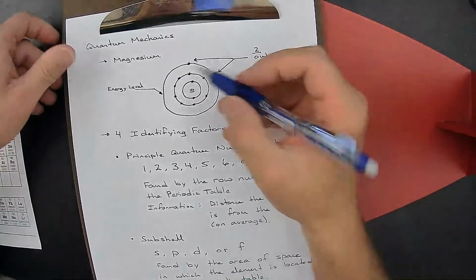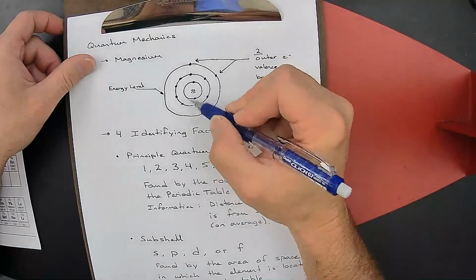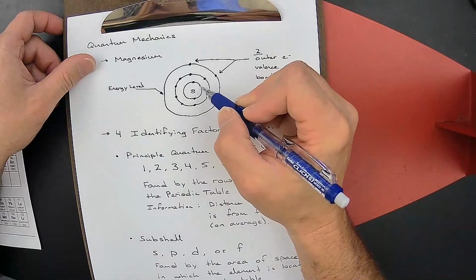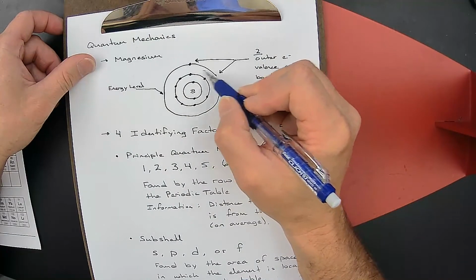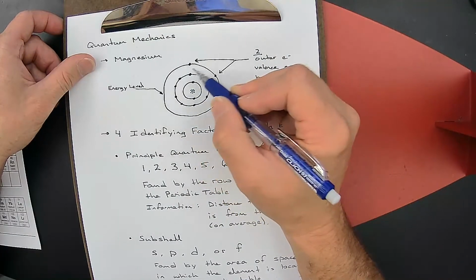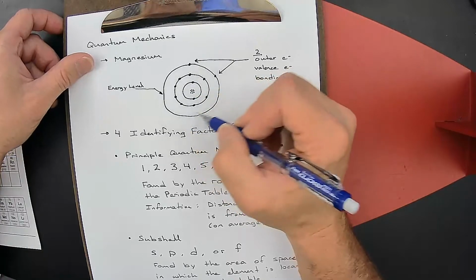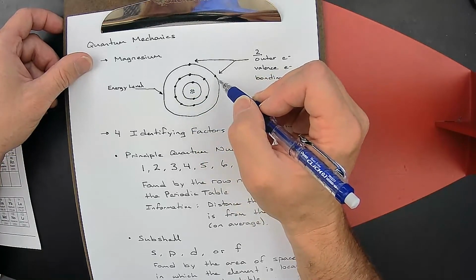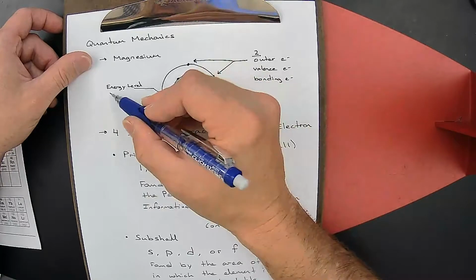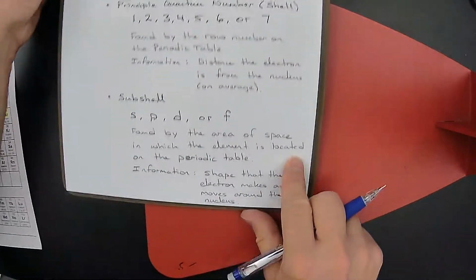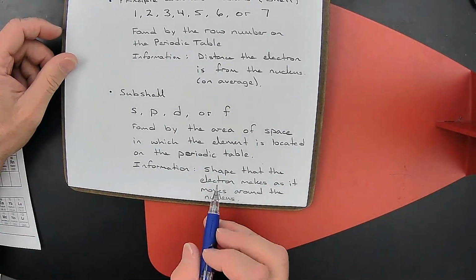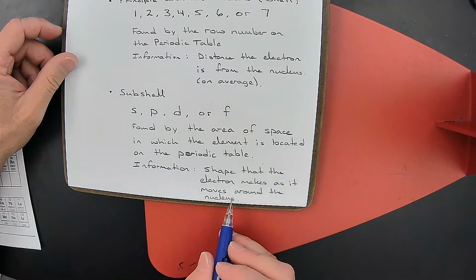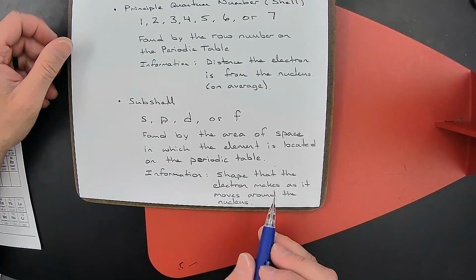Previously, we said that as the electron moves around the nucleus, it makes a spherical shape. So we said that the electrons were confined to an area of space that was a spherical shape, and we called it an energy level. Well, it turns out that not all electrons move around in a spherical shape.